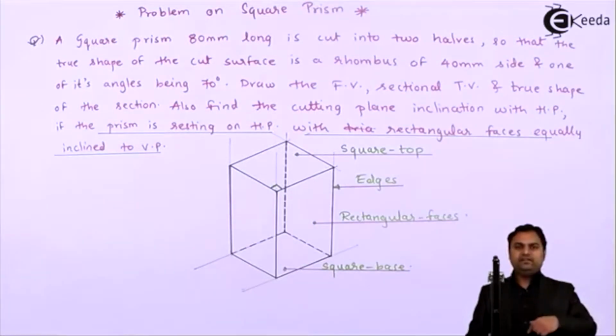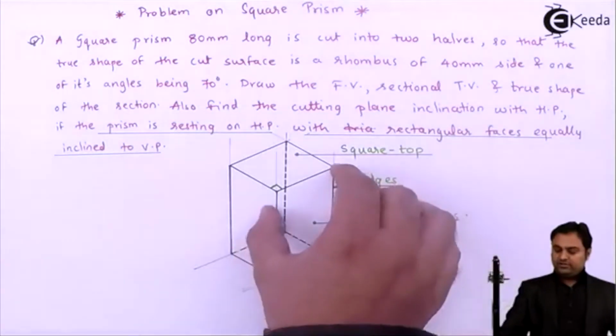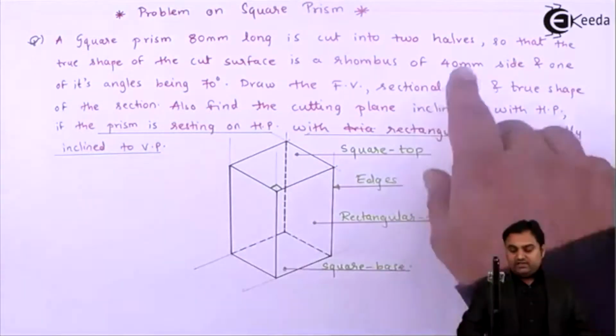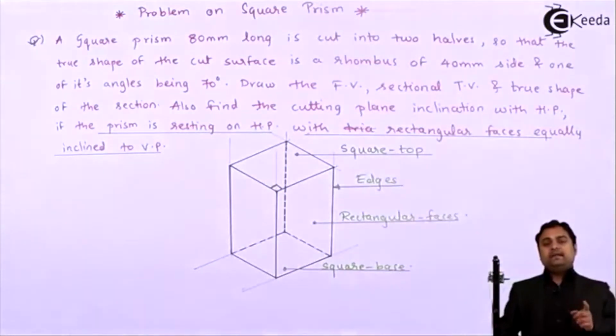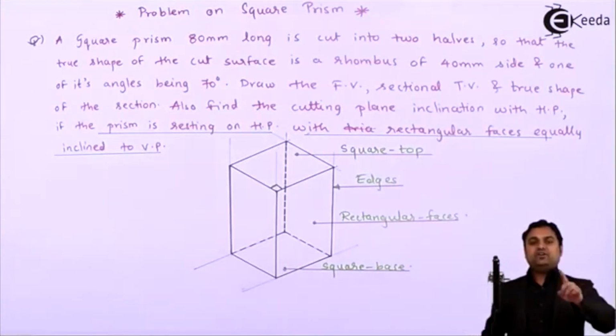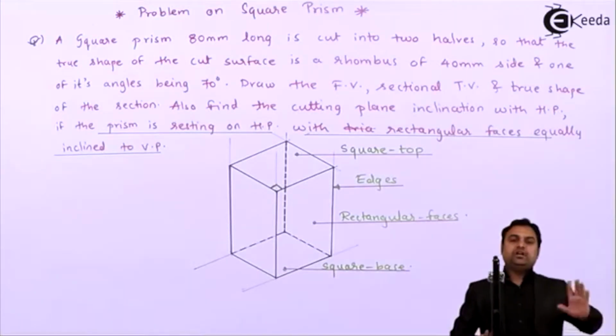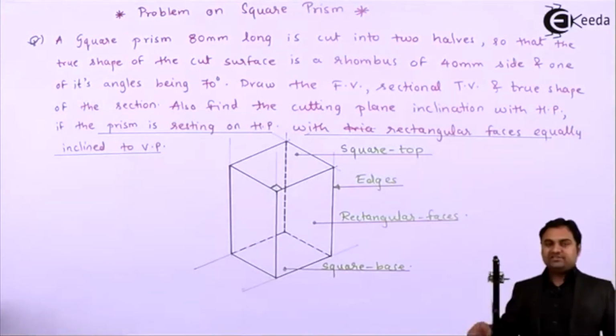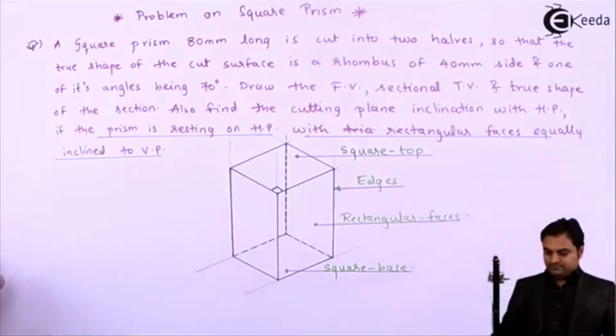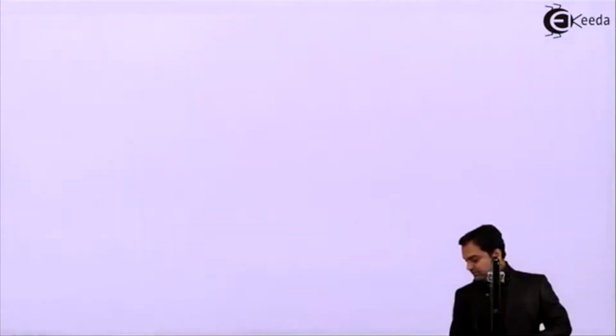So in any of the question, if we see here, the side of the square is not given. The 40 mm side of the rhombus which they have given, that is the true shape. That is after cutting which we are going to get. So first in this problem, we need to start it with the true shape. So let us get started. This problem is different.